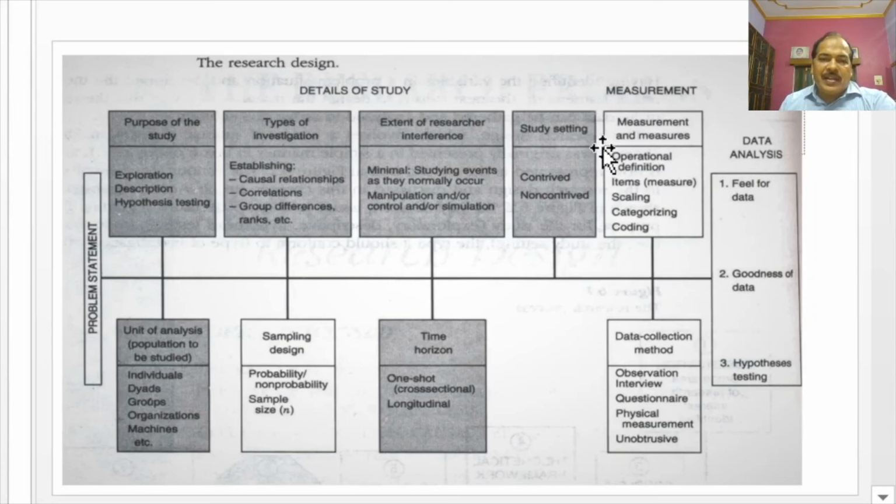If we are interested in knowing differences, we can go for the t-test, ANOVA, or rank difference statistics. It means the purpose of the research, the objective, or the problem statement can give us a lot of knowledge about what type of statistics is going to be used in the research.